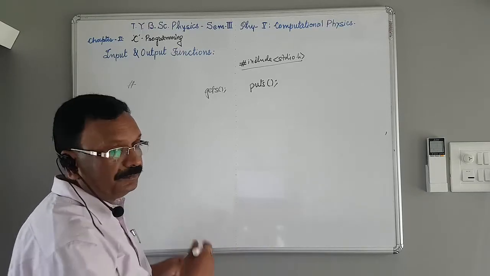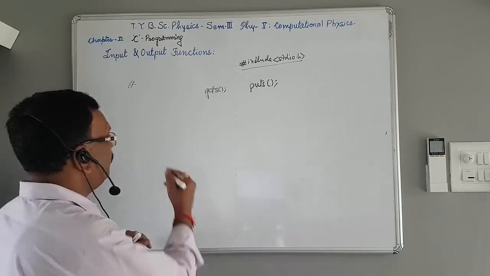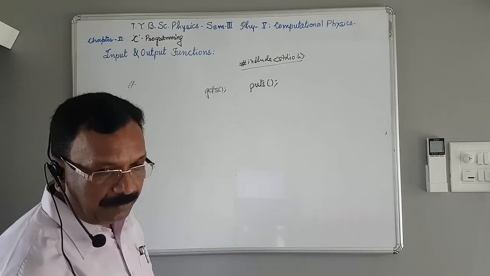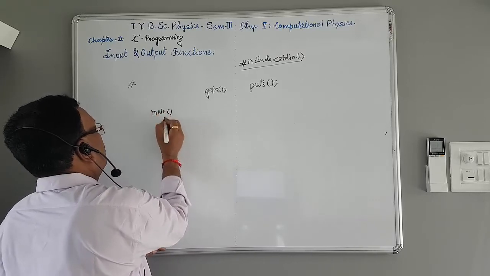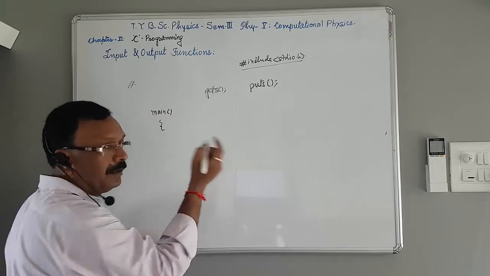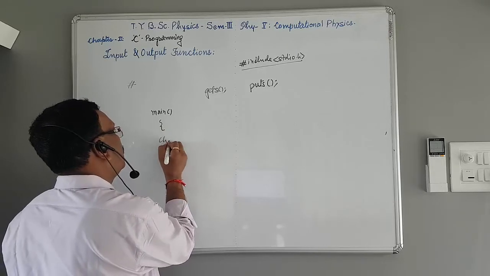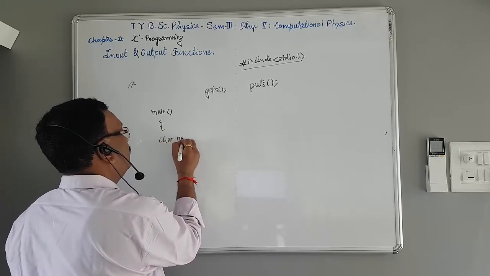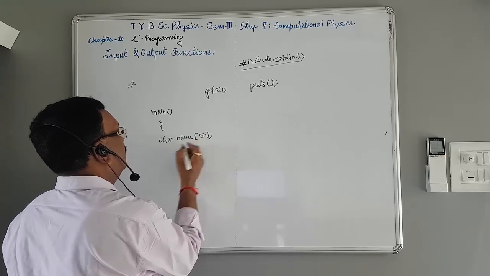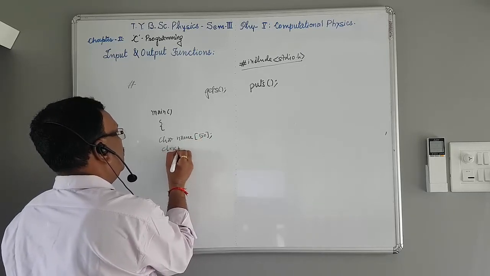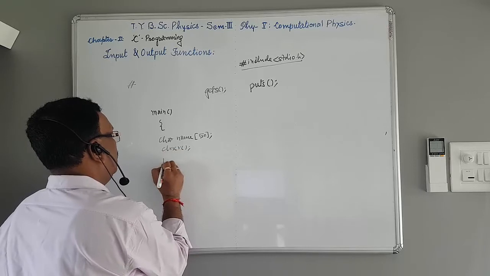For the example, we are going to see the same program which we studied a few minutes ago. Main, body, then character name, size of the character is 15, then clrscr, then printf.